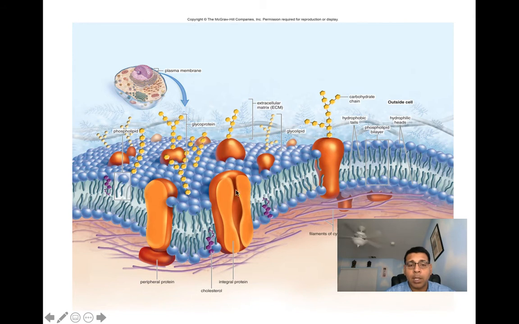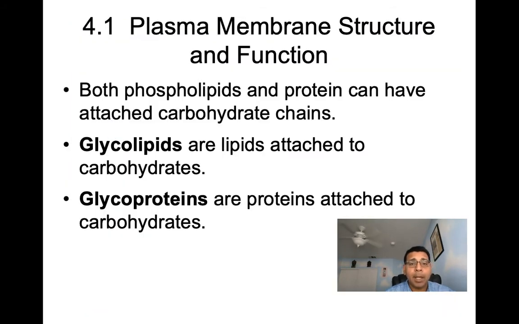And here's the proteins. So here's some integral proteins. And then here you can see you've got some peripheral proteins there as well. So very nice structure. We'll look at this in greater detail. Now, when we talk about the function of the membrane proteins, here we went through a couple of those proteins.